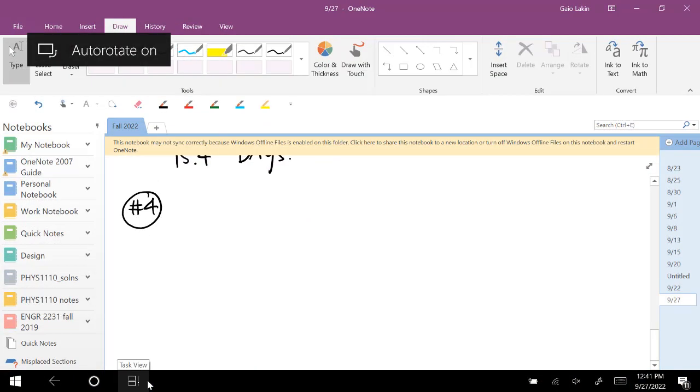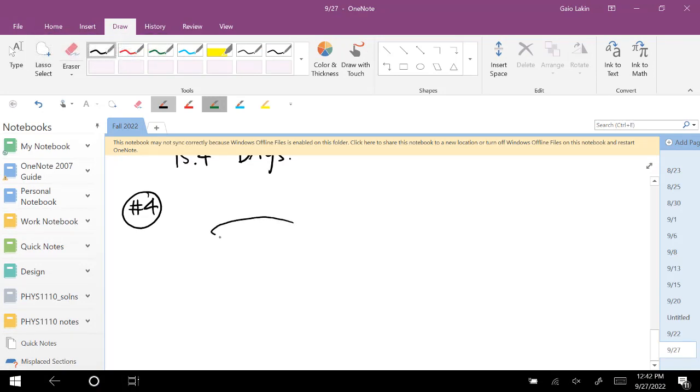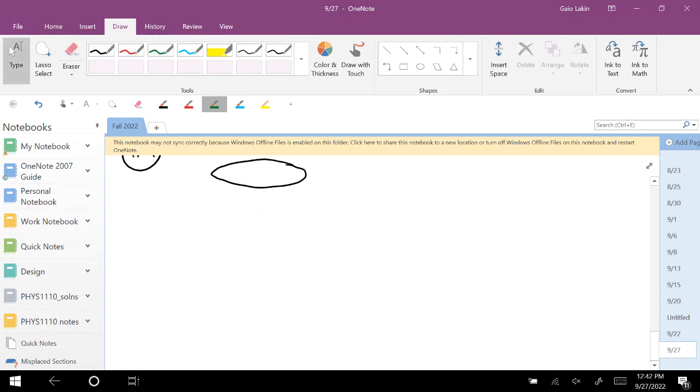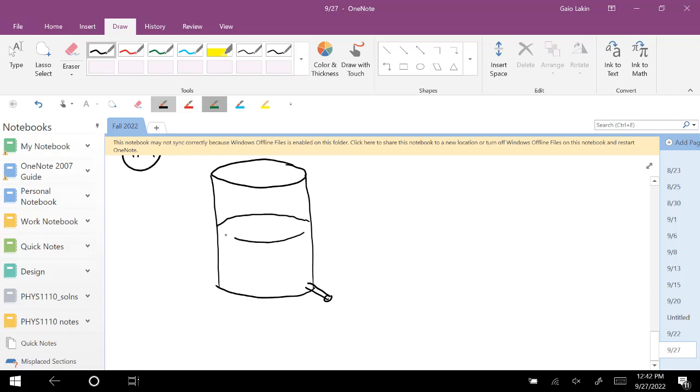Okay, so this looks like, so you have a tank like this. Here's the water level. And that has an area of 1 meter squared.